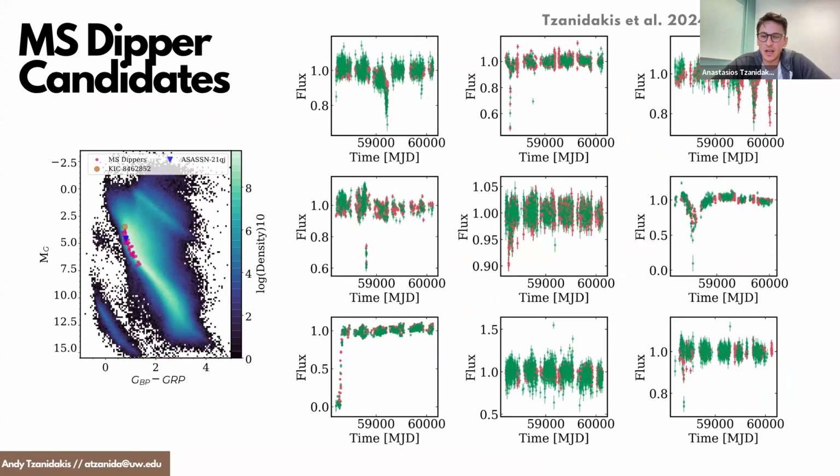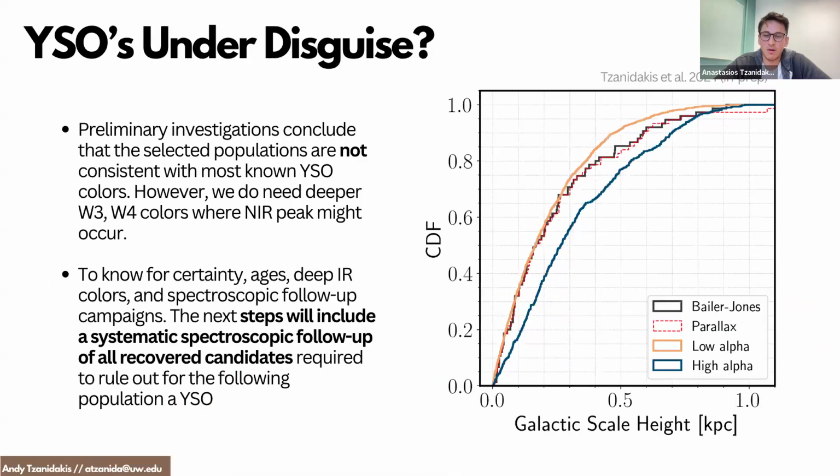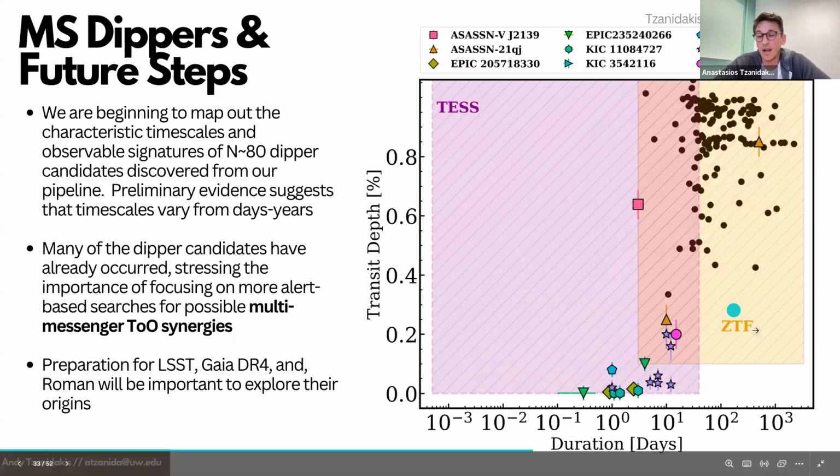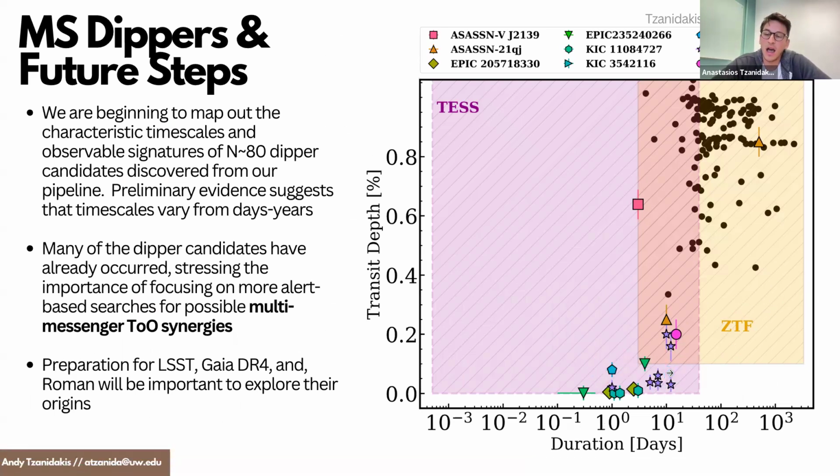So I think it's most likely that Rubin will be more sensitive to the longer timescale things than what TESS or Roman, for example, would be able to see. I think a really cool synergy will be between Roman and LSST, where Roman will have higher cadence, and Rubin will be more sensitive towards the longer timescale things.